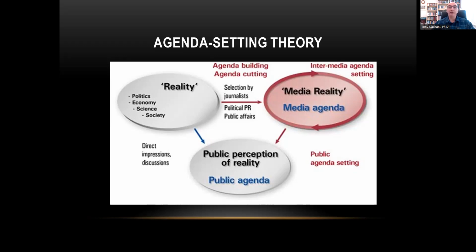Journalists should have fidelity to truth, but they don't. And because it's not on the agenda, we're not aware of it. And therefore, it's not important to us, presumably. And that's a lie of omission. So there's a lot of lies of omission produced and reproduced with the agenda setting media.